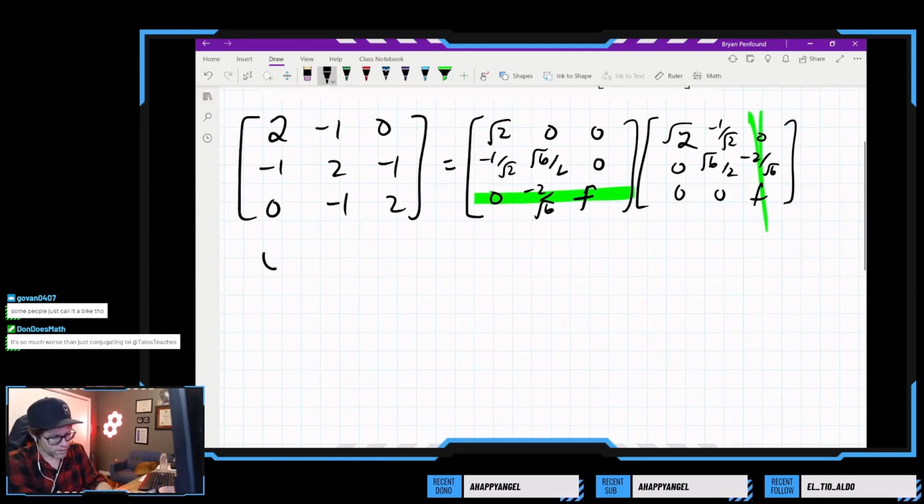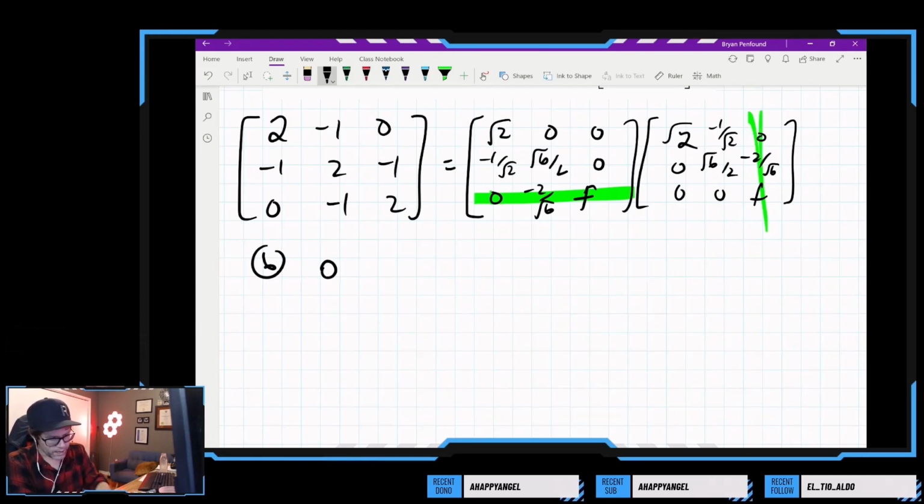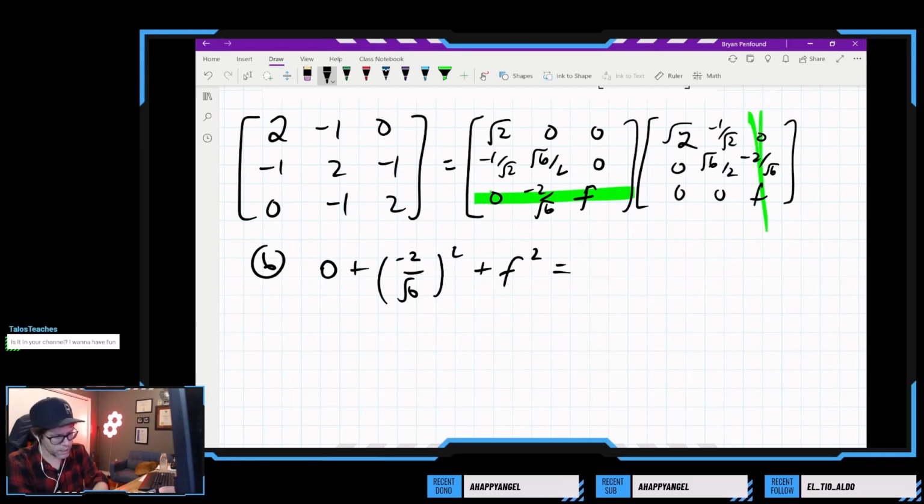So what were we on? We're on step 6, right? So our last step, 1, 2, 3, 4, 5, 6, should be to find F. So we multiply, we do 0 times 0. We get -2 over root 6 squared plus F squared should be equal to 2, right? So we get 4 over 6 plus F squared is equal to 2.